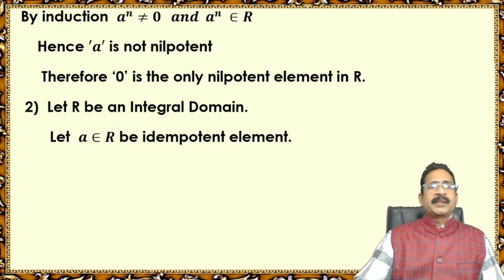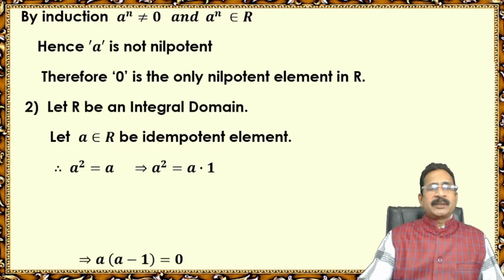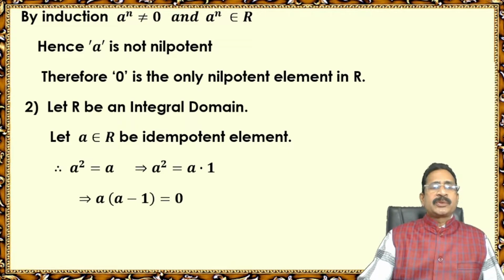Now we will prove our second condition. Let R be an integral domain and a be an idempotent element. So what is the condition? a square is equal to a. That implies a square is equal to a into 1. You take a common: a into a minus a into 1 is equal to 0. So a into a minus 1 is equal to 0.